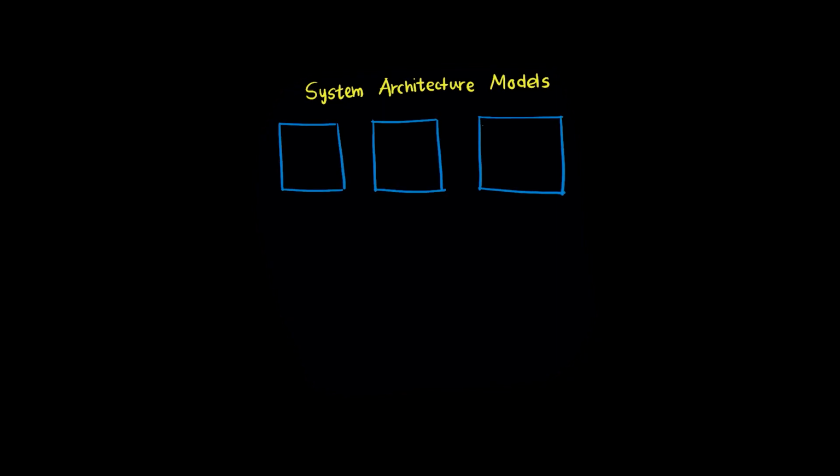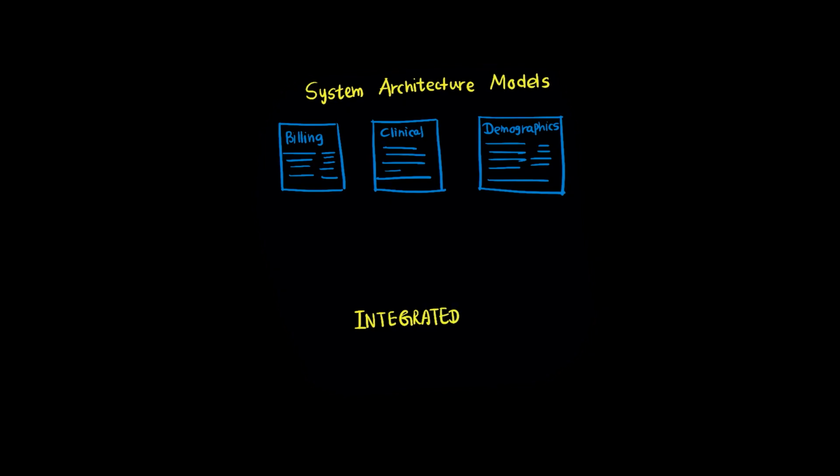A hospital information system that combines patient demographic data, clinical documentation, and billing information in one integrated platform represents an integrated system model. Integrated systems combine multiple essential functions, including registration, clinical documentation, and financial management into one unified platform for comprehensive healthcare management.